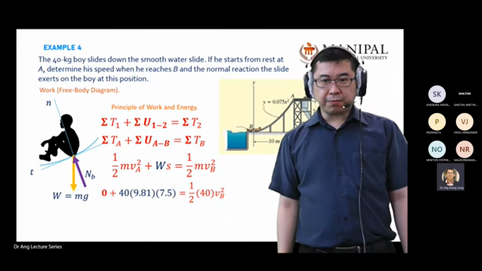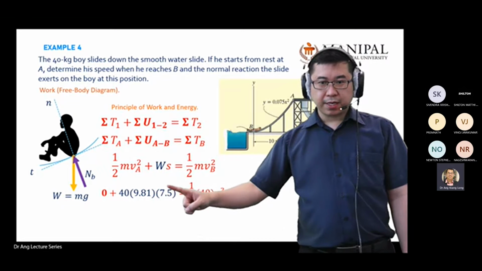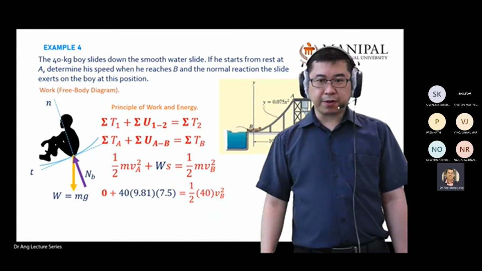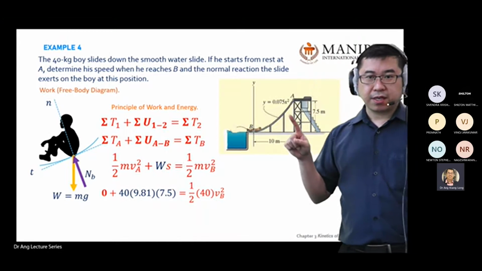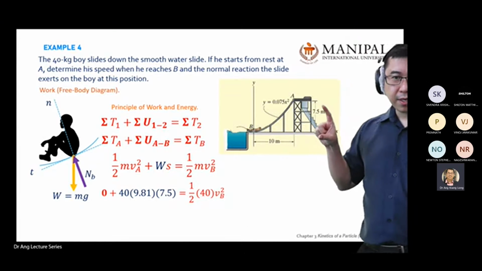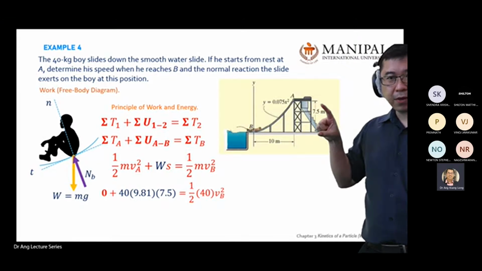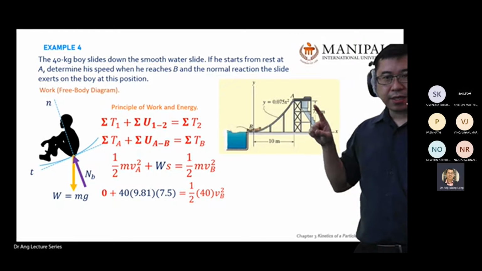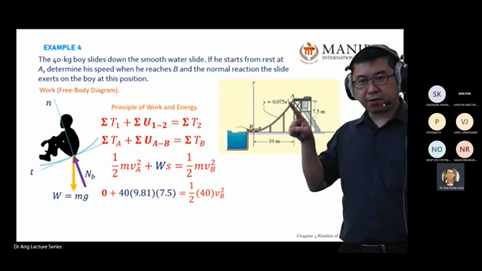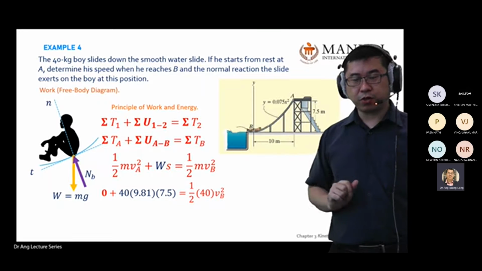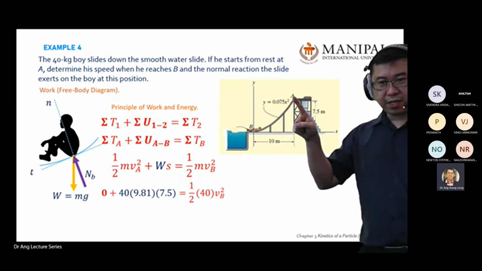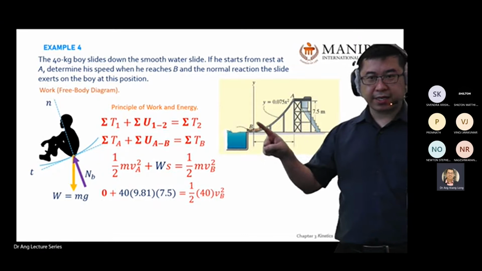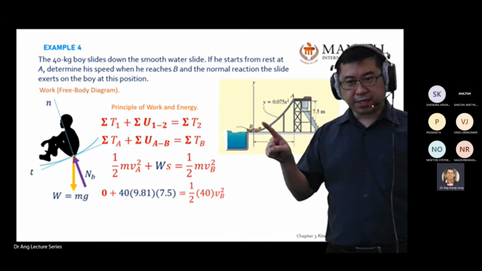W, you substitute mg. Displacement 7.5 here. Displacement S here is about y. It doesn't care about the distance of the curve. So don't confuse it with the distance traveled by the object.